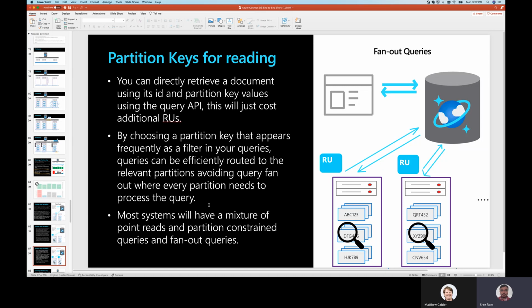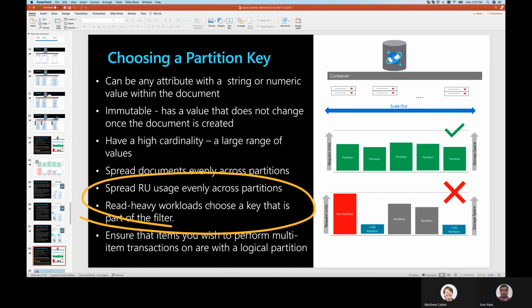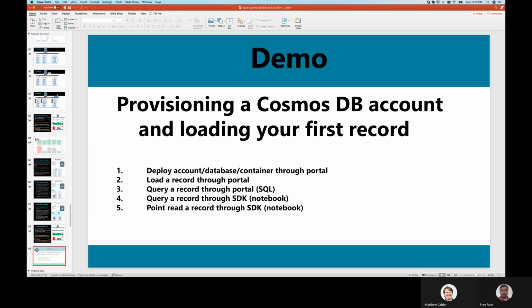If you are issuing fan-out queries, then I would strongly recommend that you redesign your partition key and put all of your data in a newly designed container with a new good partition key. Okay, so we already saw the point read. We queried a record, and I will show you the notebook experience in a second.